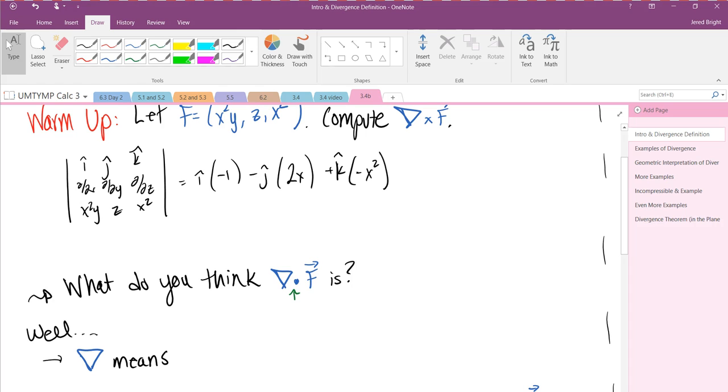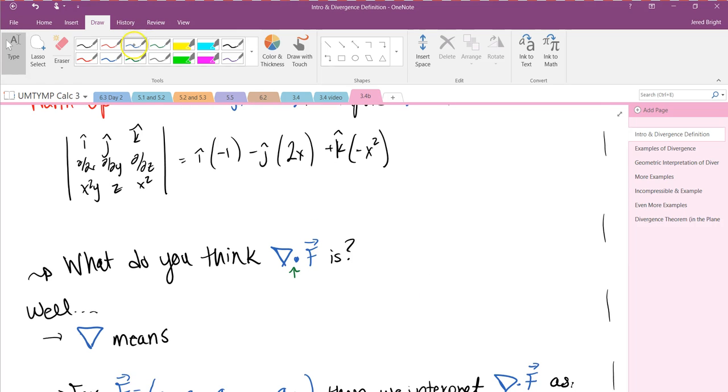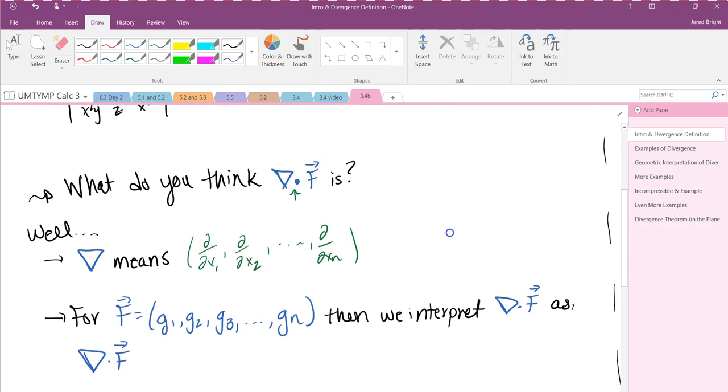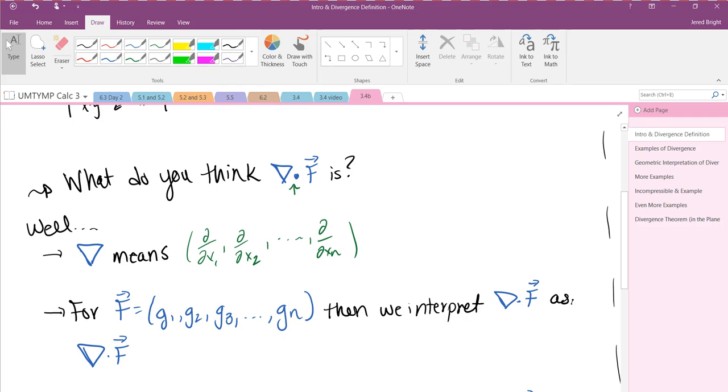We know that this means precisely the partial d dx1, d dx2, and I should do x2 because we might have n variables, and so these are just the partials up to a finite position.